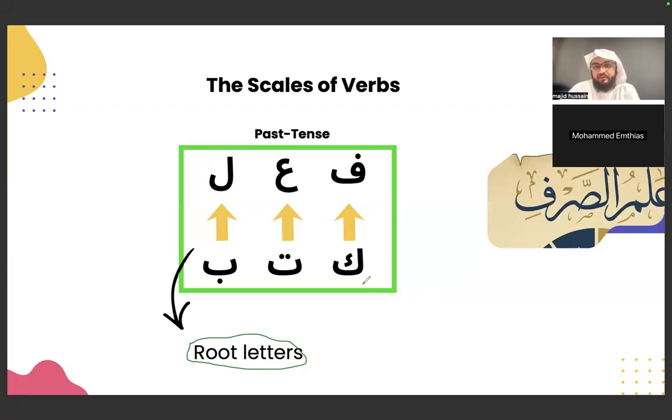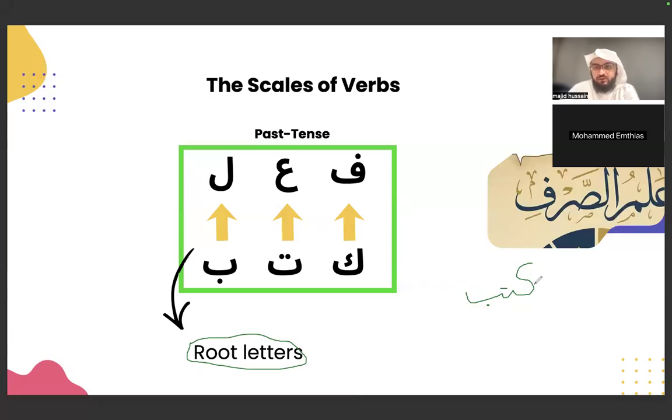For example, I have given here the word kataba, which is originally written as ka, ta, ba. I have just segregated each letter of kataba. If I want to determine this past tense, I will place this verb on my scale of past tense, which is fa, ain, lam.